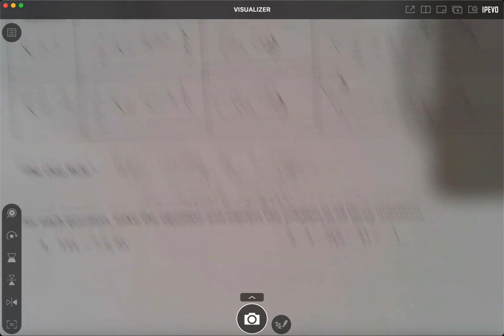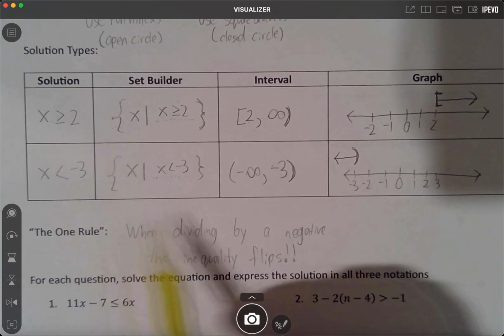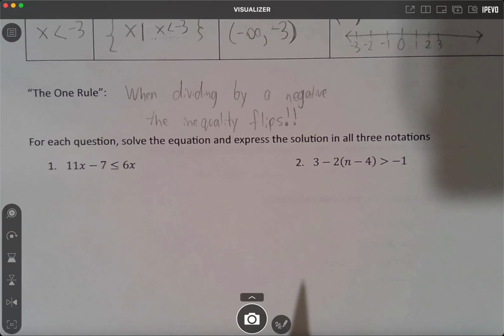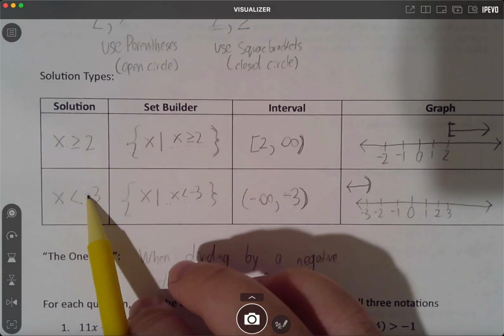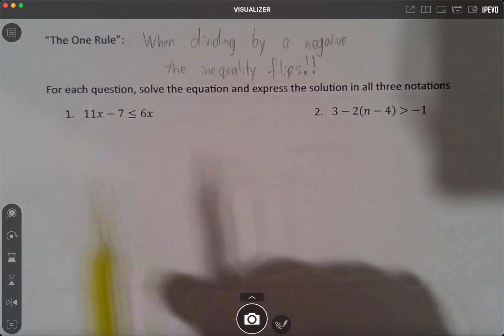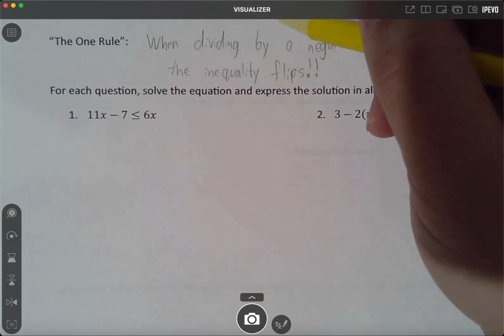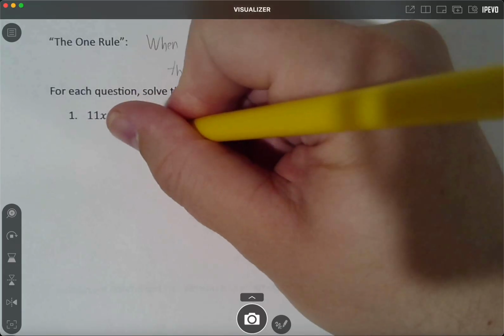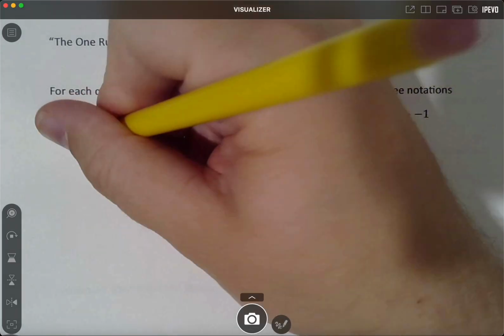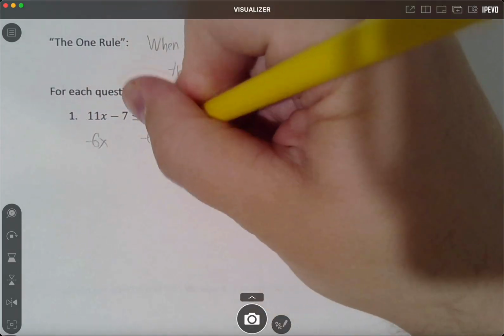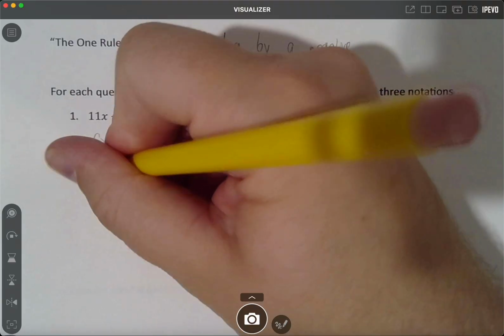All right, now so far we've just gone over the theory of what we're going to do. Now let's actually do it, right? So we had some solutions. The question is, how do we get these? Well, we look at examples like these. Now this should look just like 2.1 work. It shouldn't look too crazy. We're just going to get x by itself. We're going to subtract 6x. 11 minus 6 is 5.